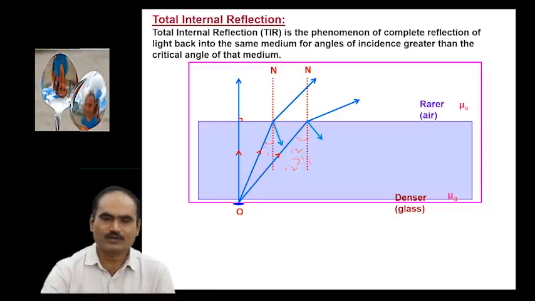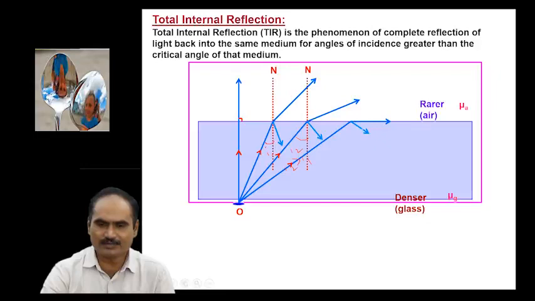Now further we'll increase this. At a particular angle, you can see that the refracted ray grazes the interface of the two media. This angle of incidence at this position is called the critical angle.